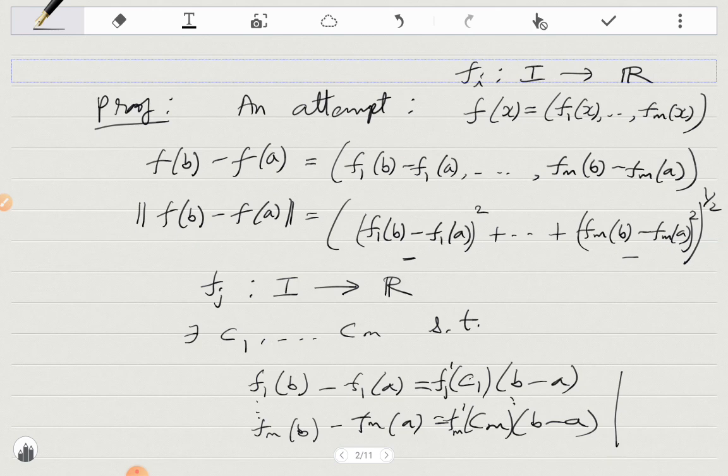Now, if I apply the mean value theorem to each of these, I'll get f1(b) minus f1(a) is f1 prime of c1 times (b minus a) for some c1 in (a,b), and so on up to cm in (a,b).